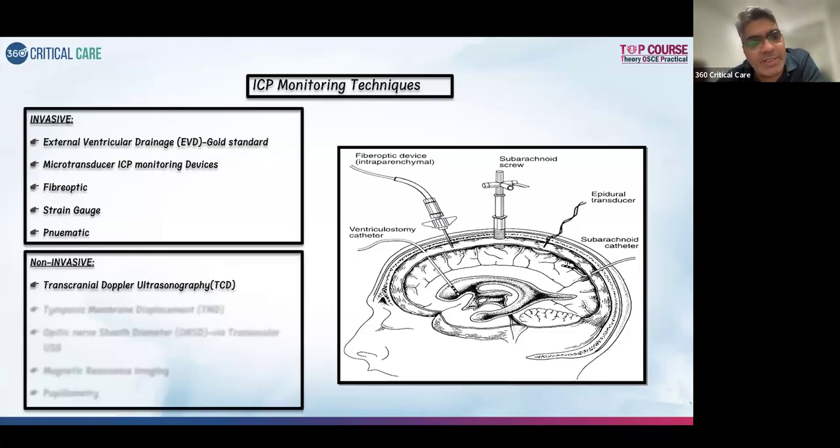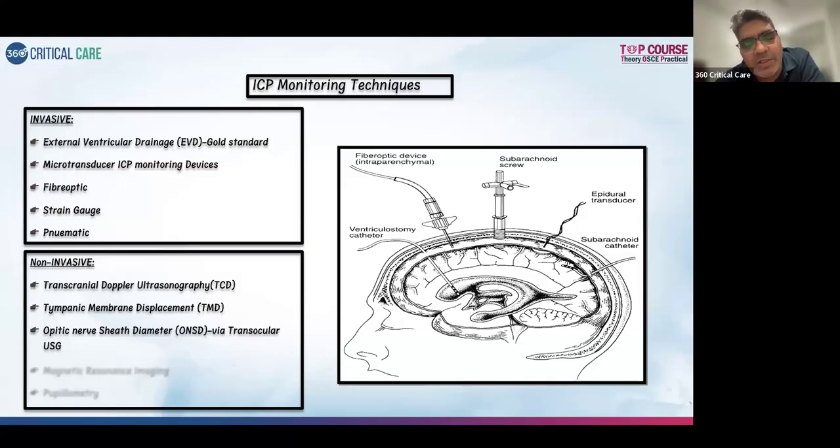Non-invasive measures include transcranial Doppler, which looks at the velocity changes in the middle cerebral artery, and based on that you can anticipate how tight the brain is. Tympanic membrane displacement is again at an experimental stage. Ultrasound of the optic nerve sheath diameter has a very diffuse outcome.